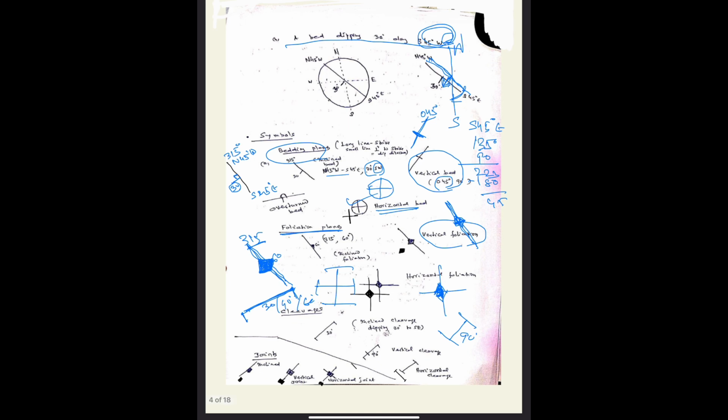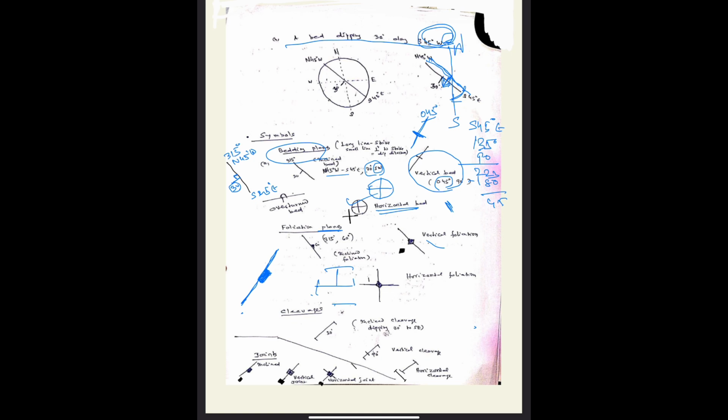And if it is a joint, then we draw a line to indicate the strike, then a figure like this, a rectangular block, which will indicate the dip direction.